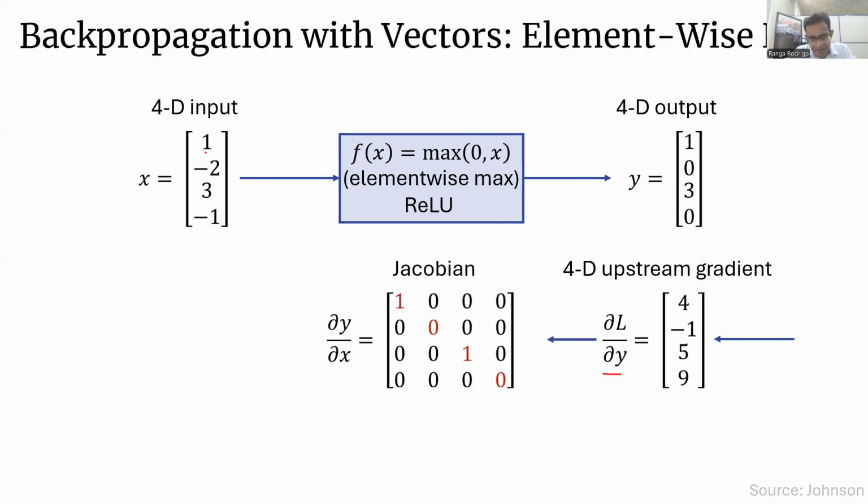That means when this is 1, it affected that, right? So that's 1. When it is negative, it does not affect that, it's 0. It does not affect any other element because this is element-wise ReLU. Because it is element-wise ReLU, the element at location 1, that is this one, affects only the element at location 1 there. It does not affect the others. So therefore, all these elements are 0.